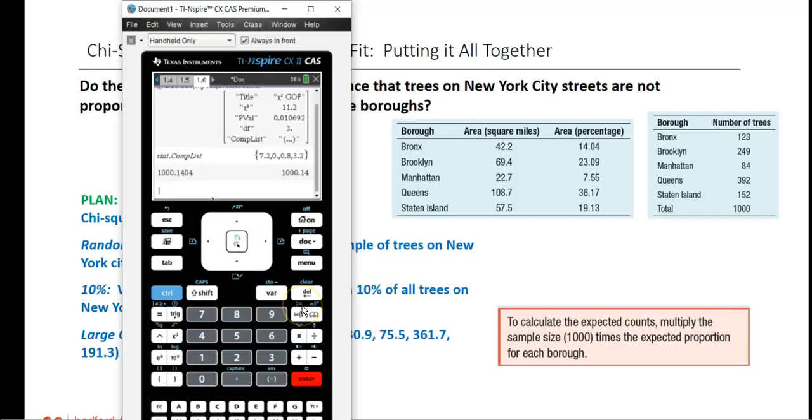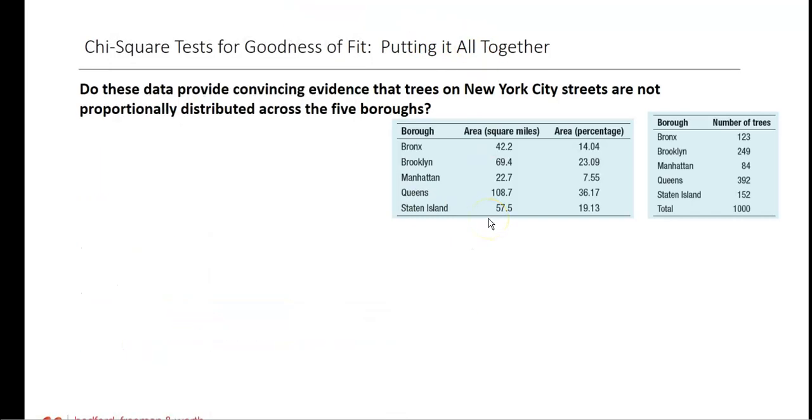Oh, wait, what did I say? I think it should be times there. 140.4. So our first one's 140.4, and then we're going to do 1,000 times 0.2309. That gives us 230.9, etc. We're going to keep going with that and get all of our expected values.